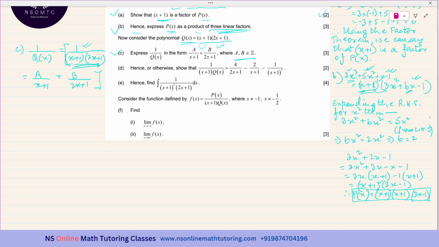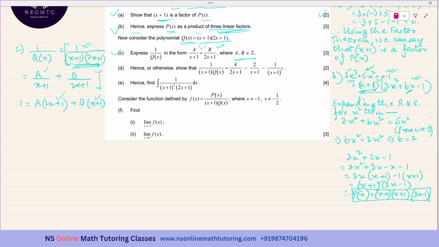So the left hand side will be equal to 1. And if I multiply the first term by x plus 1 times 2x plus 1, the x plus 1 part will be getting cancelled. So this will be a times 2x plus 1, plus b times x plus 1. Now let us take different values of x, values which make one of these two factors equal to 0.